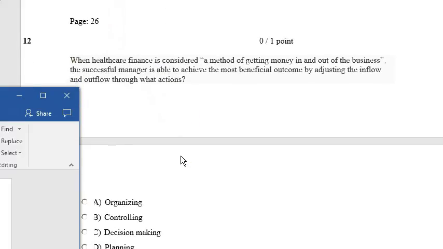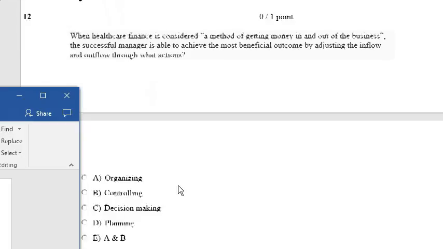All right, we'll just do a couple more here. A little bit longer one here, but when healthcare finance is considered a method of getting money in and out of a business, the successful manager is able to achieve the most beneficial outcome by adjusting the inflow and outflow through what actions? So what are you going to be able to do to manage all of this stuff?